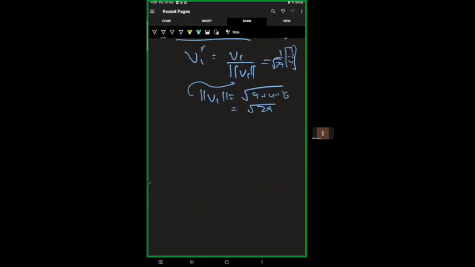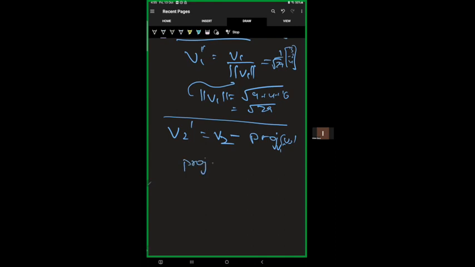Now from here, we need to obtain v2 double dash. v2 is not orthogonal directly to v1 dash. So what we do is we take v2 and we subtract the projection of v2 along v1 dash. Now, how do we calculate the projection?